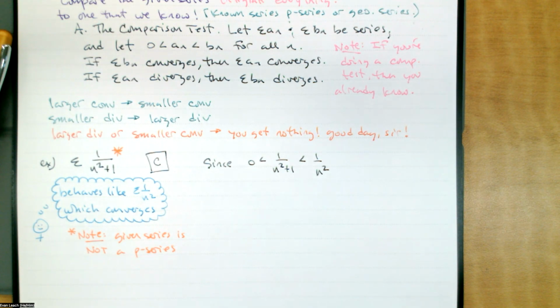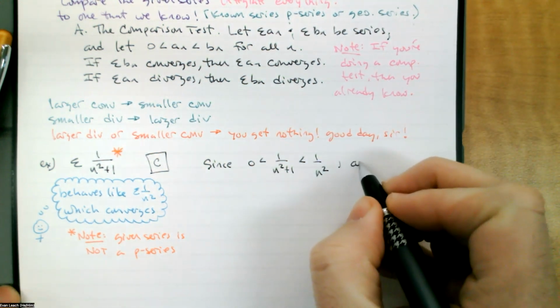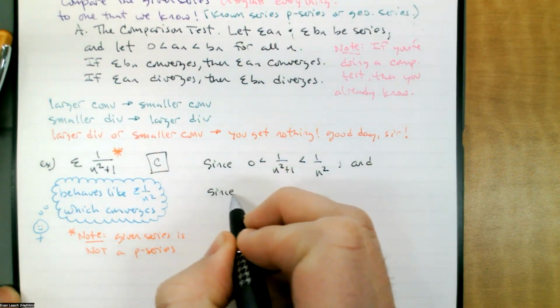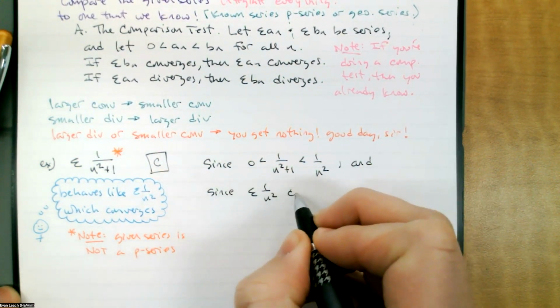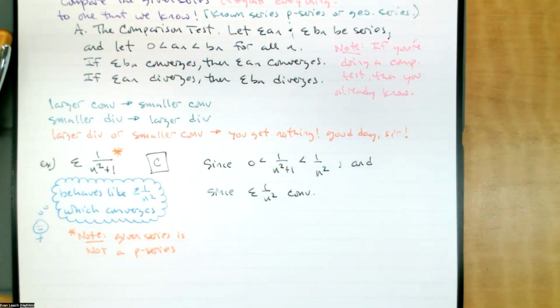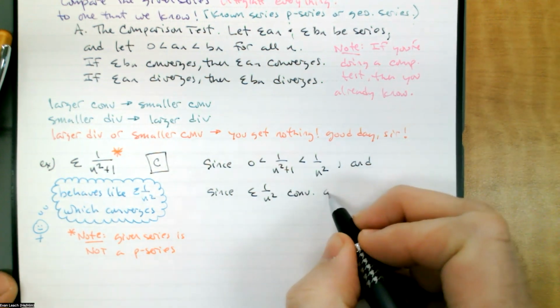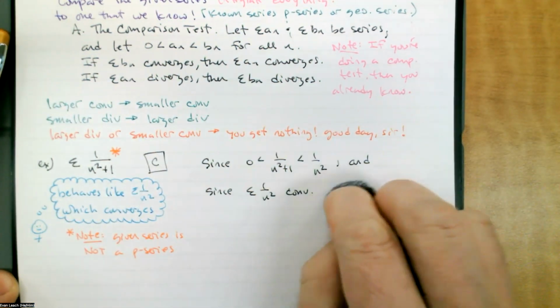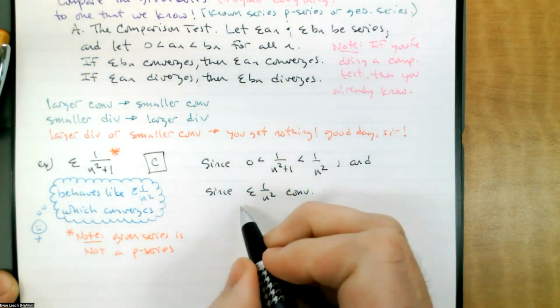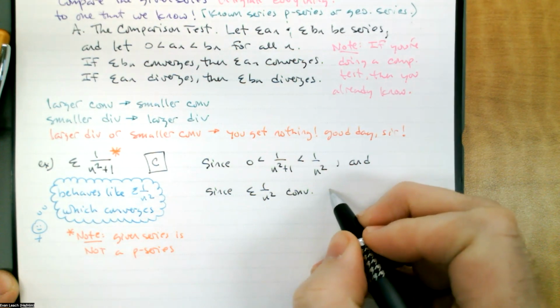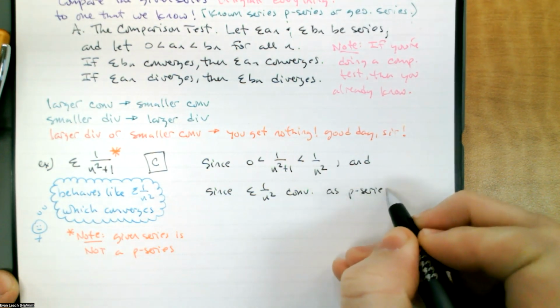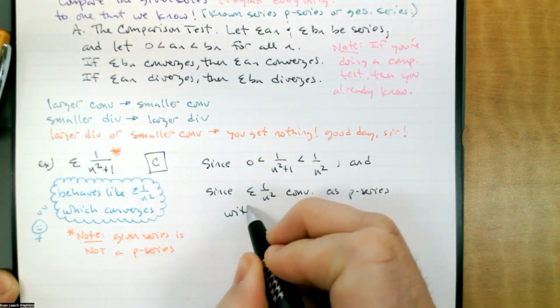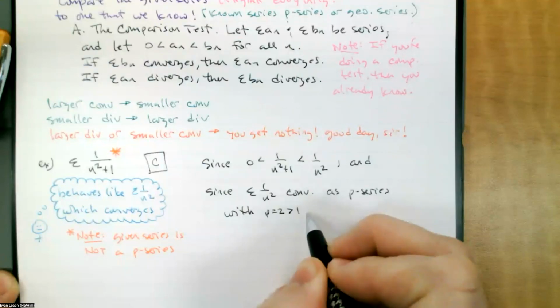So since 1 over n squared plus 1 is less than 1 over n squared, and since the series 1 over n squared converges, if we need to justify this, it's a p-series with p equal to 2, and 2 is greater than 1.